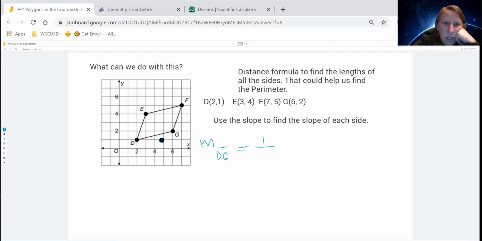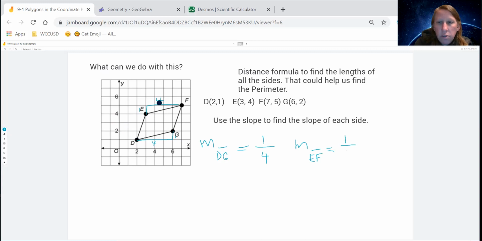And how much is it running? Okay, here's our slope triangle. It's going over 4 and up 1, so 1 over 4. And we do the rise number in the numerator, okay? And then I'm going to do the slope of line segment EF, right? It's also up 1 over 4, right?